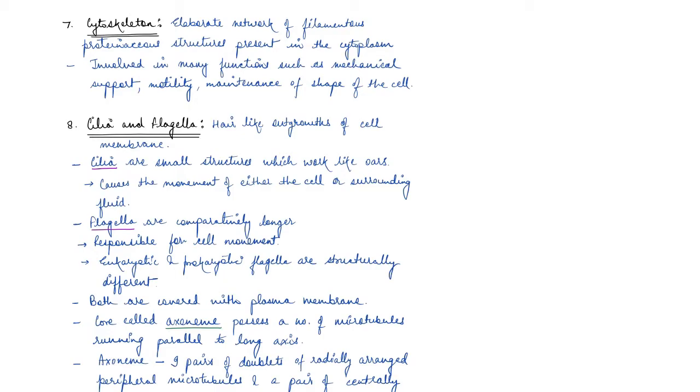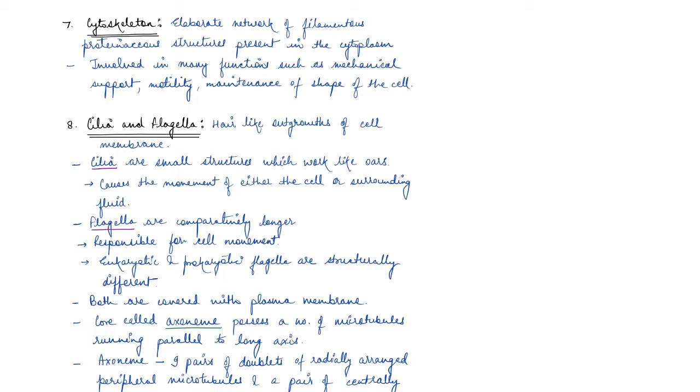So, guys, let's start with the cytoskeleton. Now, cytoskeleton, as it refers from the word itself, is the skeleton of the cell, right? Cyto means cell and skeleton means the framework of the cell.